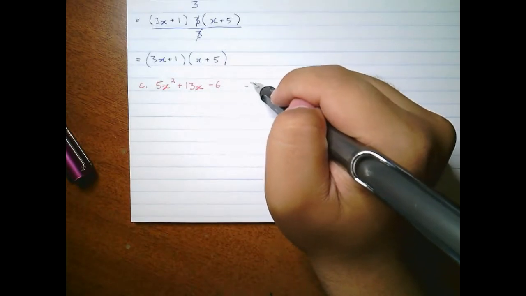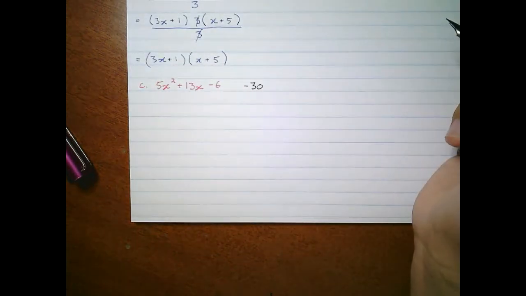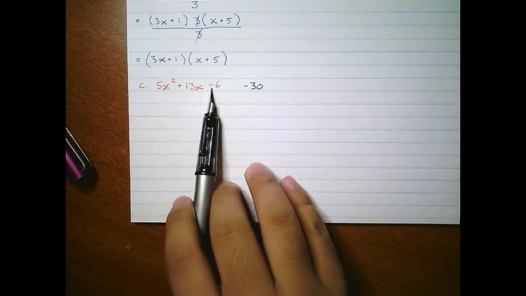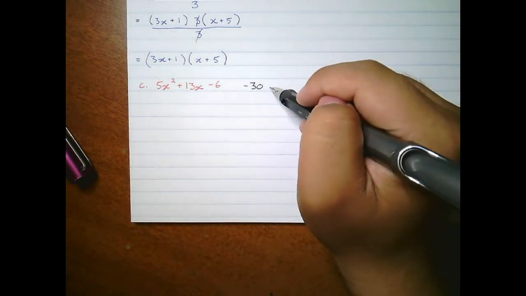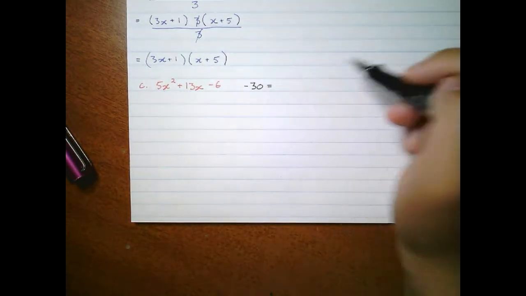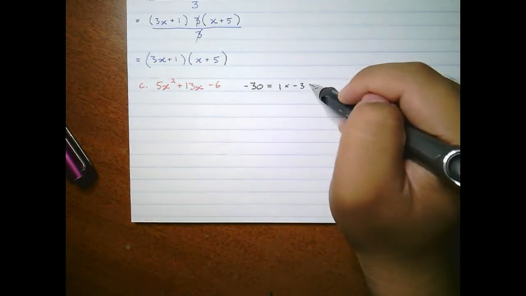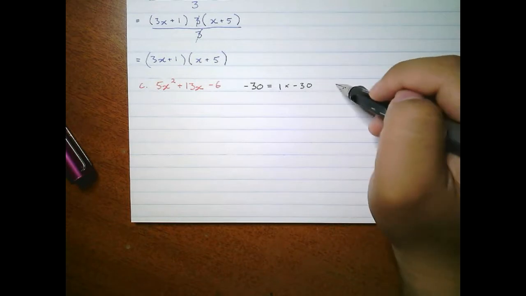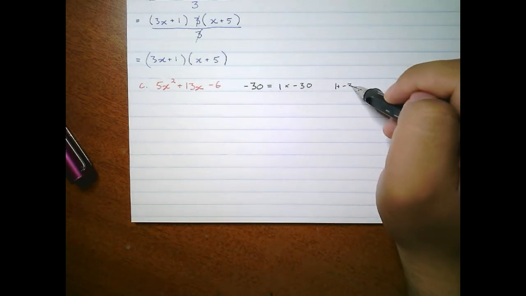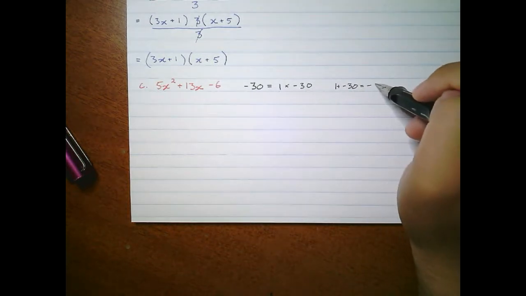Not just 30, negative 30. So 5 times negative 6 is negative 30. So let's start testing out factors of negative 30. We'll go with 1 times negative 30. 1 plus negative 30 equals negative 29.